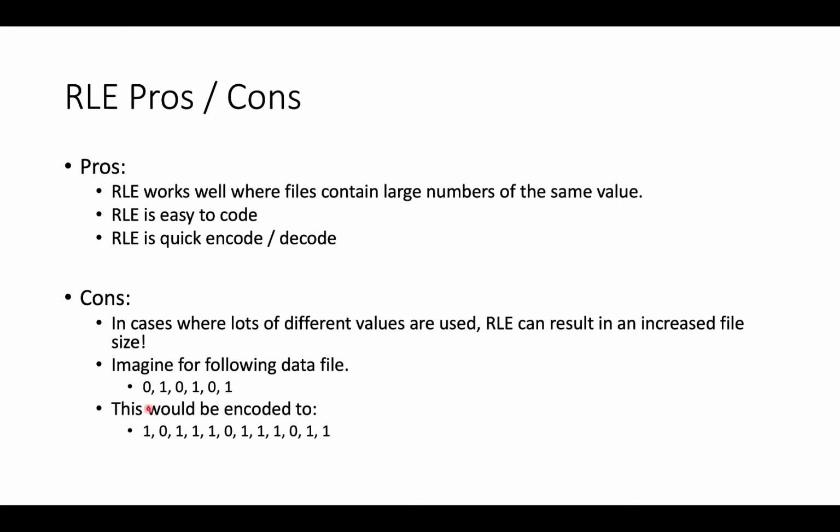So an RLE encoding of this data produces this data, which is considerably larger, it's twice as large. When we have files that have lots of different values, RLE can actually increase the size of the file. So you need to have a rough idea of the values of the file before you decide to use RLE.